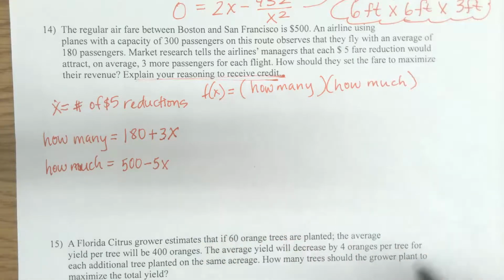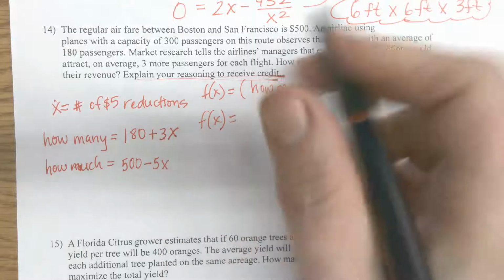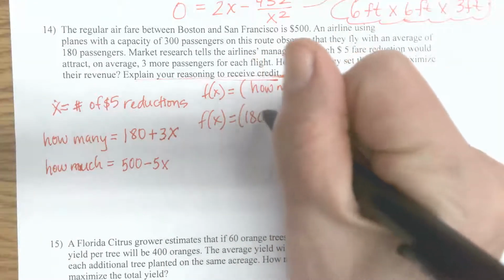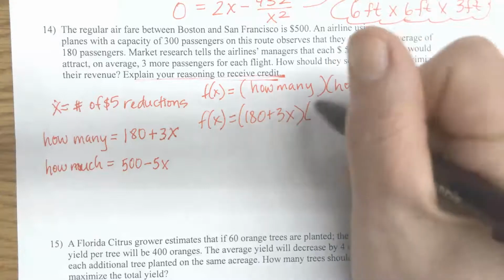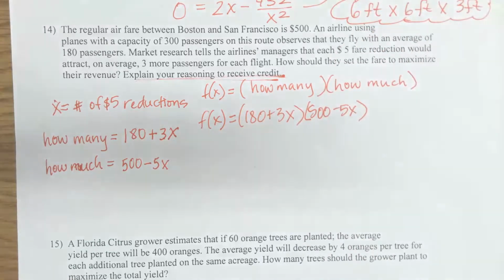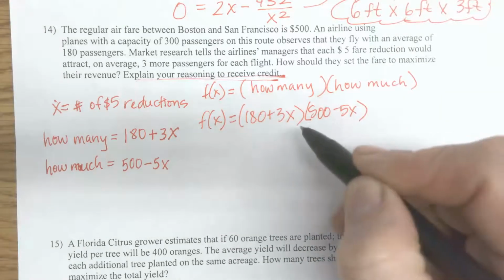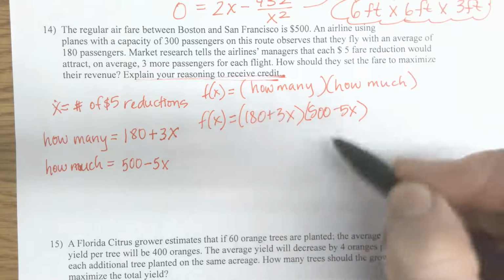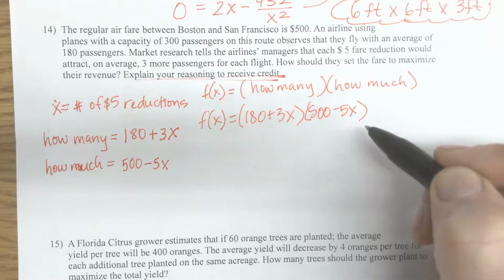So now I can set up my function. This is another one where it's only one variable. How many people? I'm going to have 180 plus 3x passengers at 500 minus 5x dollars per passenger. And so I could do a product rule if I wanted to here, or I could multiply it out and get a polynomial and do my derivative on that.